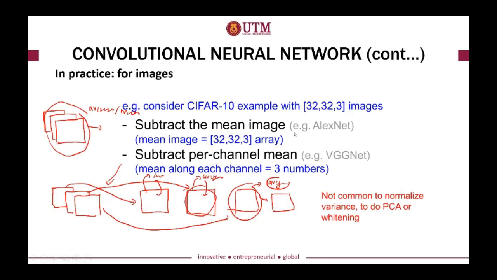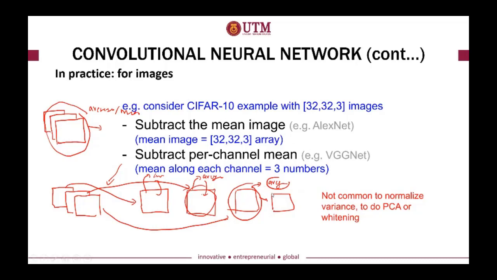So you can see that it doesn't matter whether it is AlexNet or VGGNet, they are both implementing the mean normalization. Batch normalization is also one of the mean normalizations, but what is the difference?